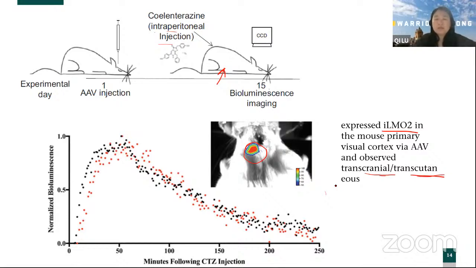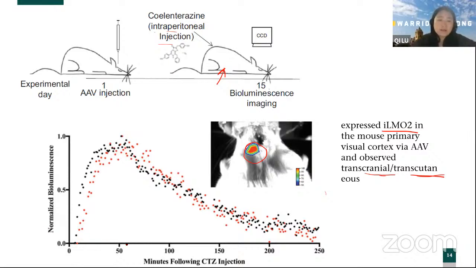That's pretty cool, because this endogenous fluorescence is quite high, and you do not need to inject the substrate directly into the brain tissue. It can be provided with the IP.